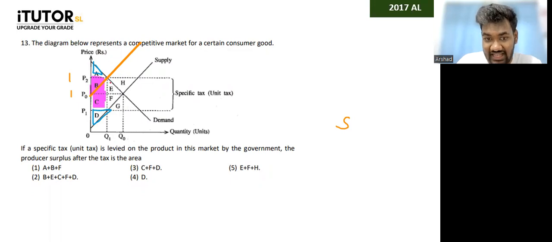The areas E and F are deadweight loss. So which area is the producer surplus? They're asking for that, no? Producer surplus after tax is D. Is that okay? Okay, so these are easy ones. Going to the next.